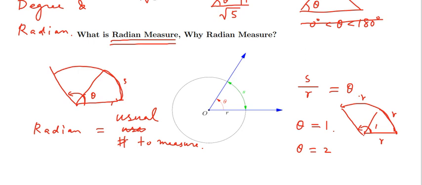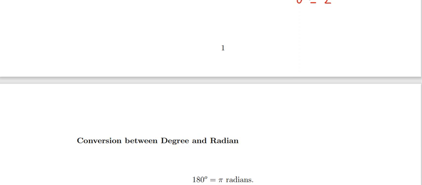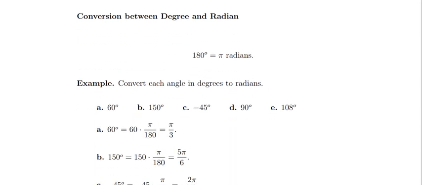We use these usual numbers to measure angle. Okay. So here to measure angle we have 2 methods: degree and radian.